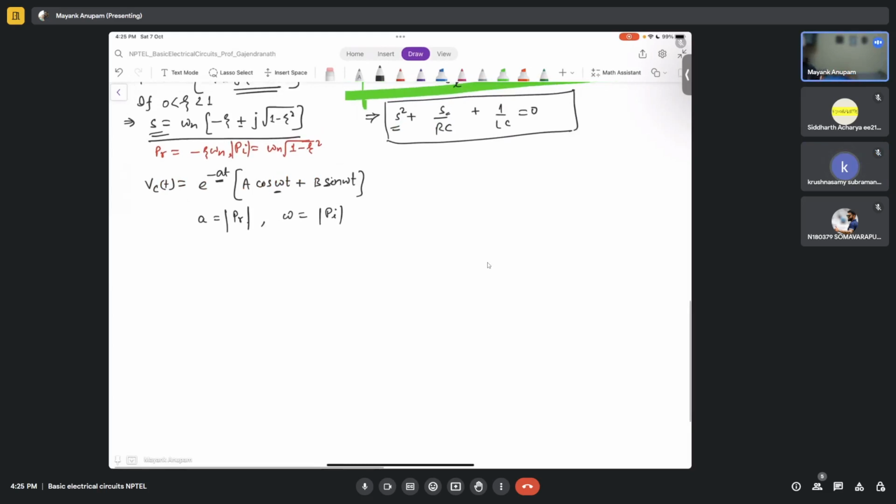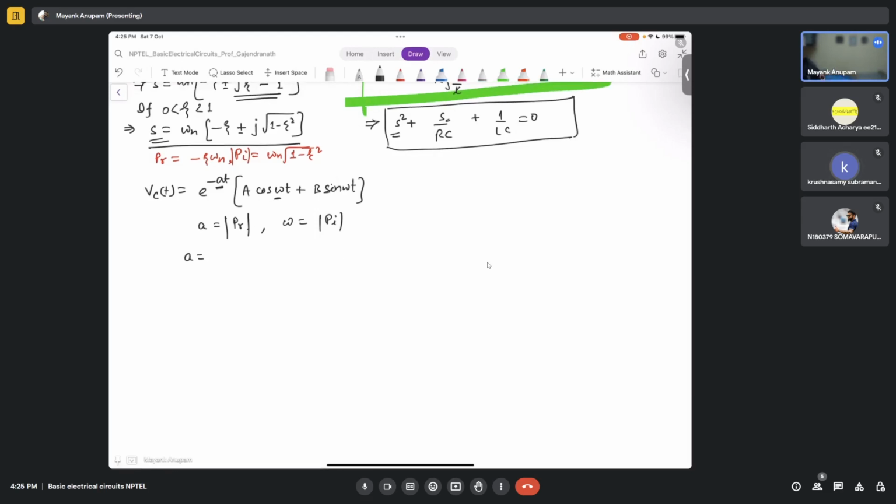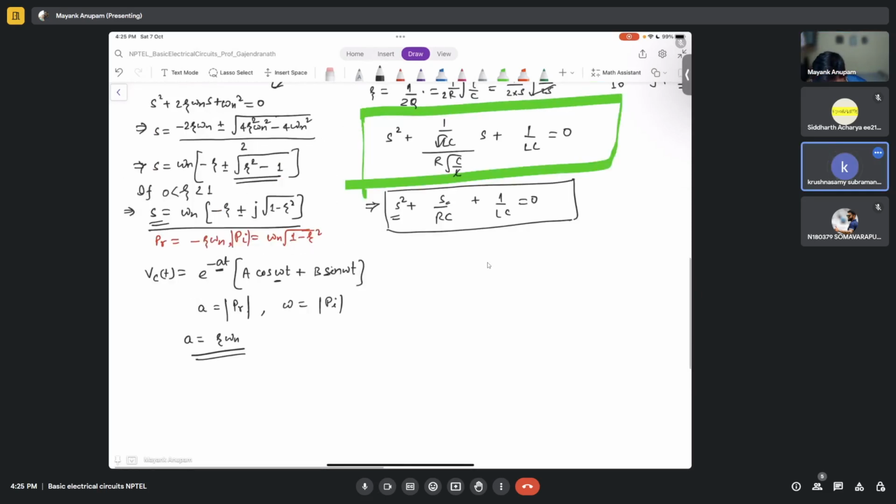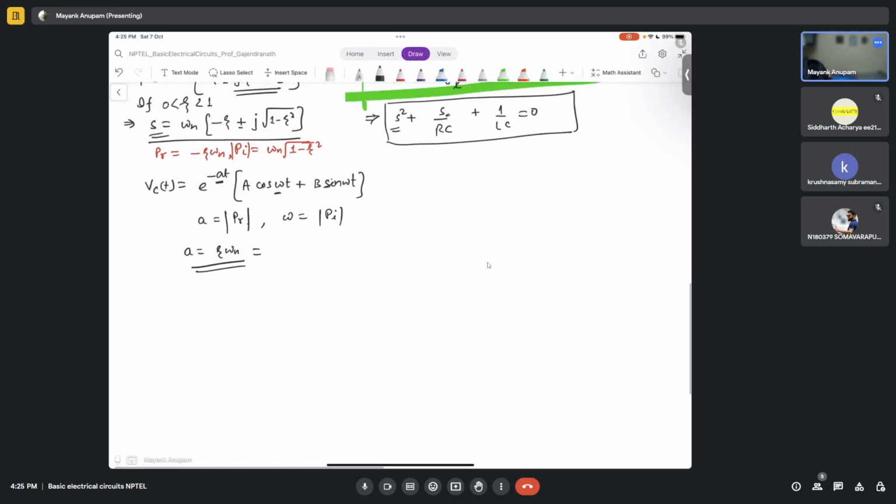So now what is mod of PR? What is a? So zeta omega n, and what is omega? We can simply replace it and solve it. It is easy, correct?